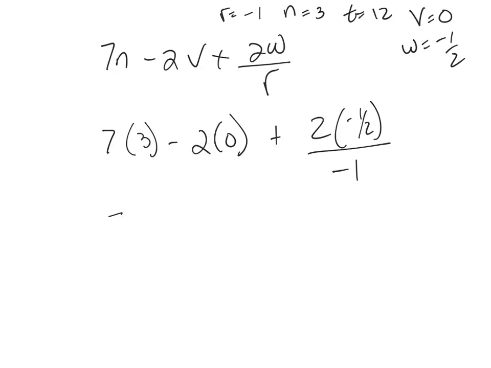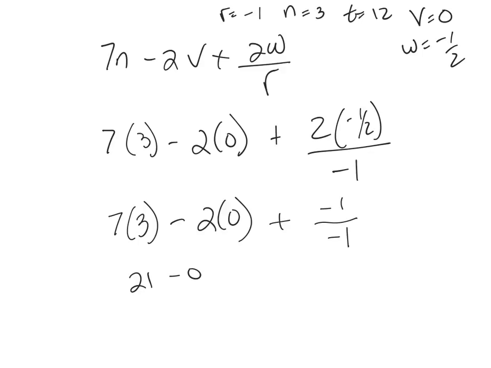So we're going to deal with the fraction first, and you can go ahead and solve these two if you want, but just don't try to combine anything until you've dealt with this fraction. Well, 2 times negative 1/2 is negative 1 over negative 1. So now we're going to clean up. We got 21 minus 0 plus 1, because negative 1 divided by negative 1 is 1, and we get 22.